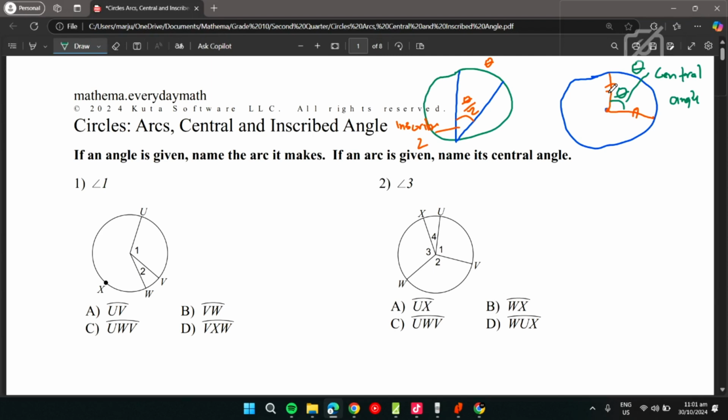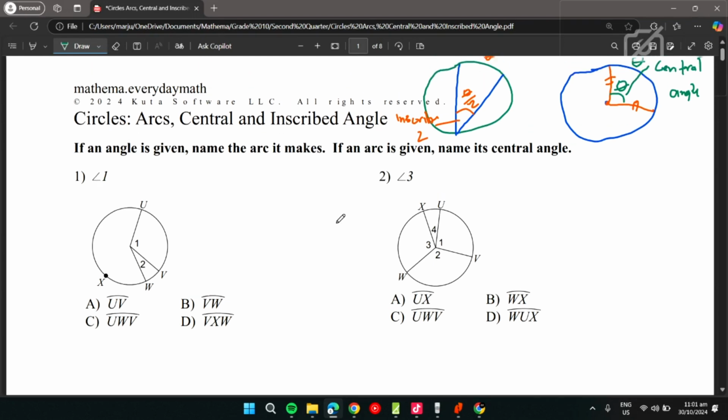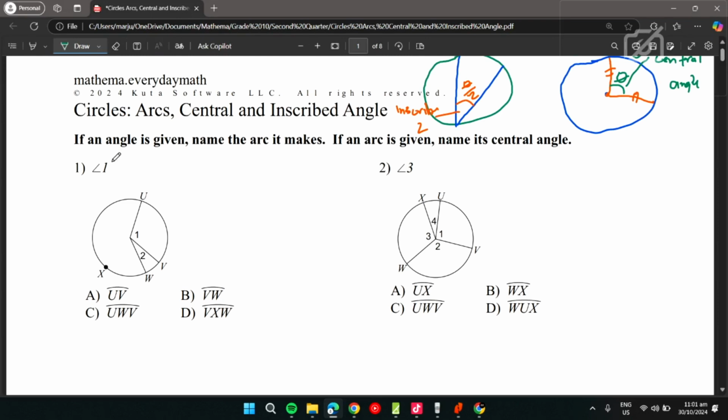Okay, let's do number 1. So again, the instruction is to give the angle, no? At to give the arc it makes if given yung angle. Pag given yung arc, we are asked to give the central angle. So let's do number 1, angle 1. Ito yung angle 1 natin.